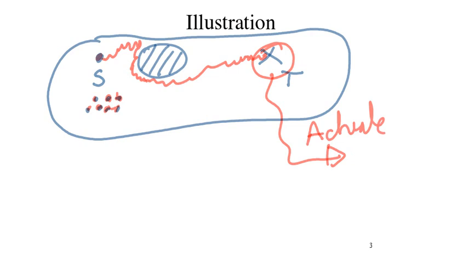So for example, you generate here calcium ions, or any kind of important messenger molecule, such as IP3. It can also be a G protein. You name it.